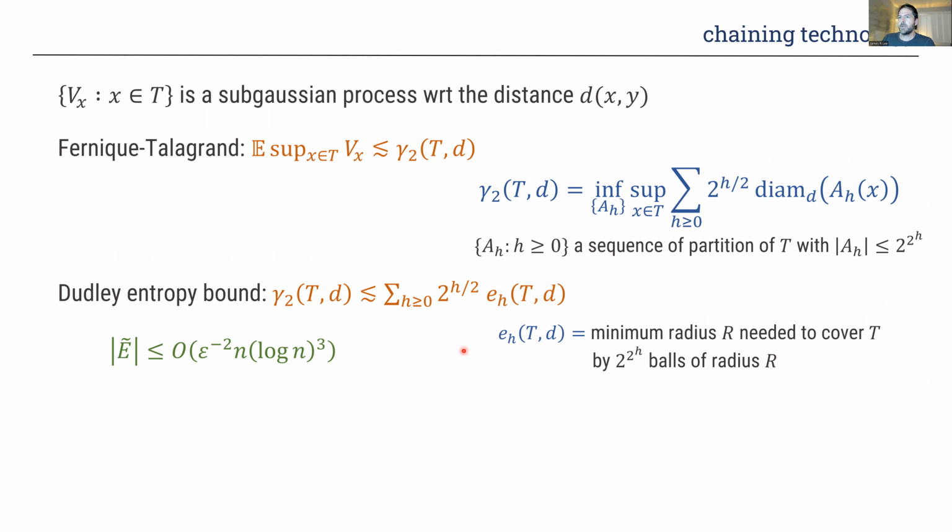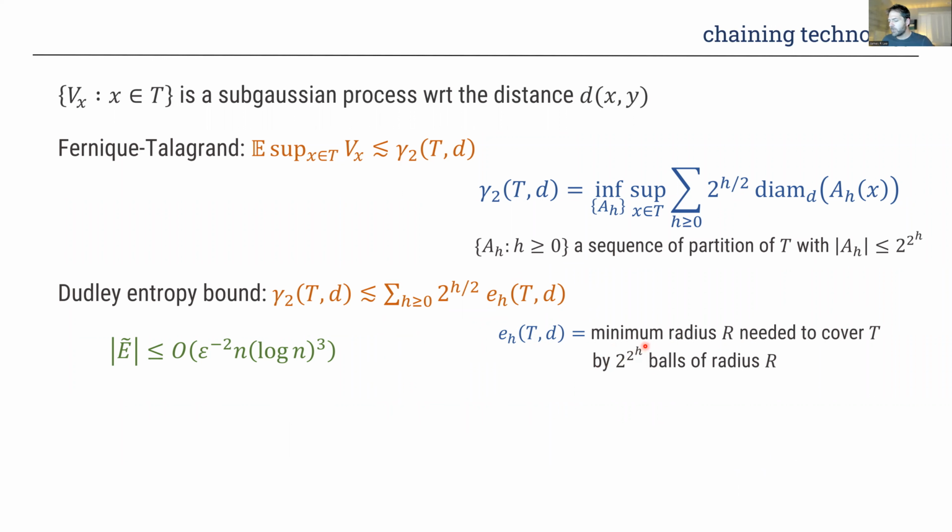There's two ways you can go further here. One way is that the place where the Dudley entropy bound is not tight is that it's basically using this very homogeneous bound for the space. For every scale, you look at how small a radius I need to cover the space by that many balls, or how large a radius I need to cover it by that many balls.